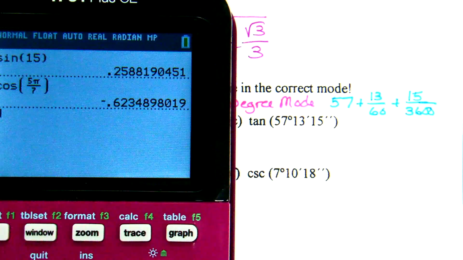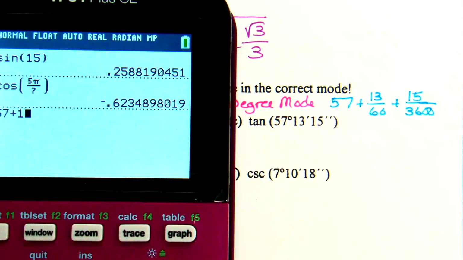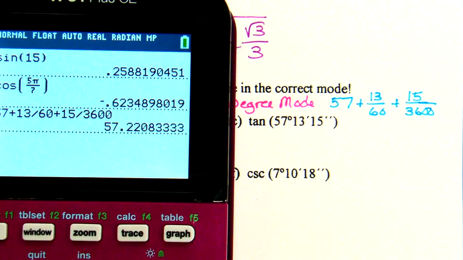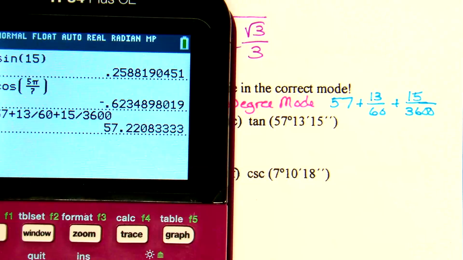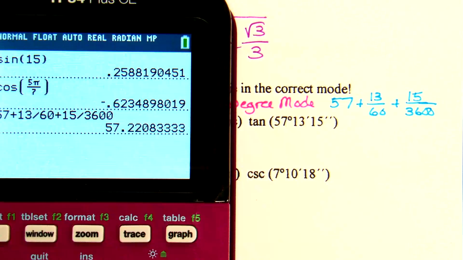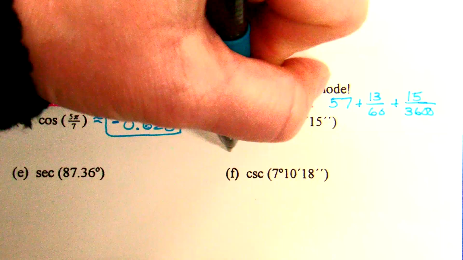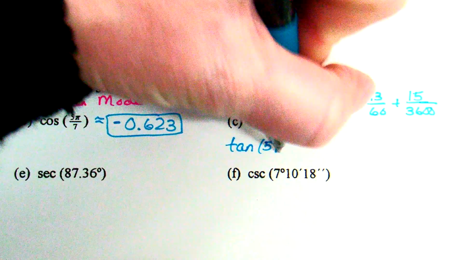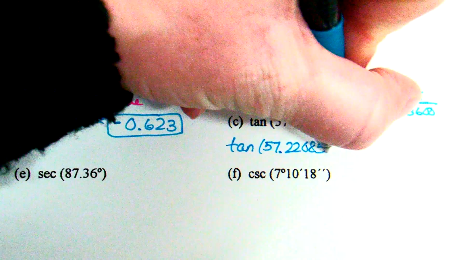So first thing I'm going to do is change that. And so what I'm really doing here is that 57.22 number. So when I do this on my calculator, I'm going to be doing the tangent of 57.22083, so on and so forth, degrees.